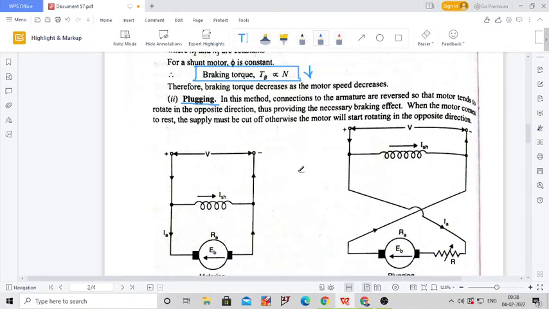In plugging, we generally reverse the connection of the armature, so that a torque is formed in the direction opposite to the motor torque generated during motoring mode, and due to this opposite torque there is a decrease in speed. In the method of plugging, the armature connections are reversed, so that the motor tends to rotate in the opposite direction.